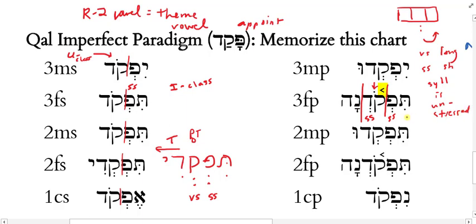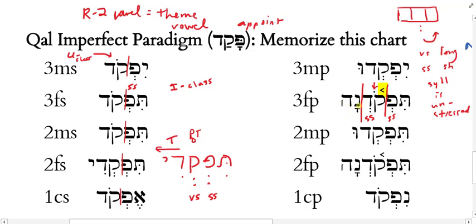If I have a stressed syllable, like I have here, then a long vowel could be before the silent Shiva, okay? But if it's an unstressed syllable, that's not gonna be the case, and we're gonna have to follow the normal rule, okay? All right, so this is pronounced tifkodna, tifkodna.